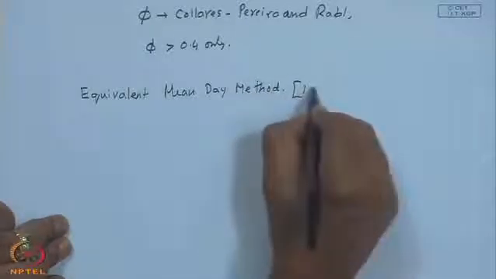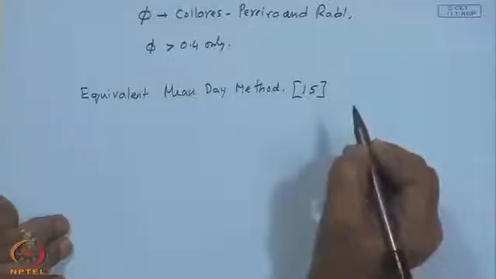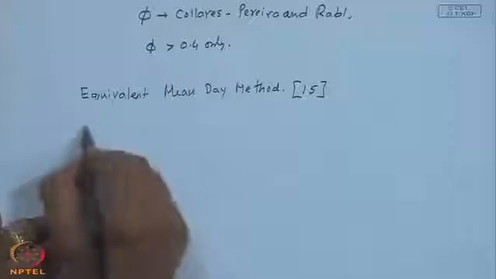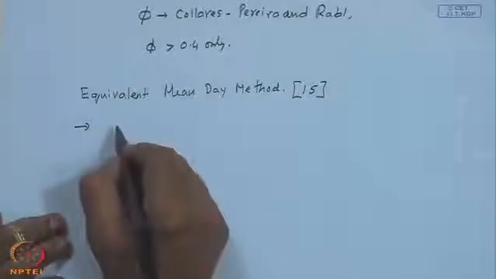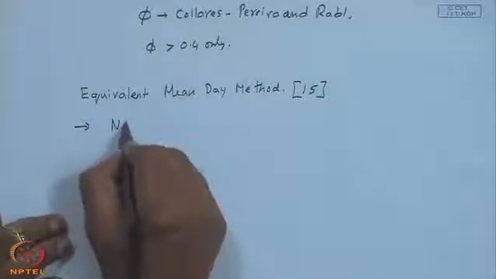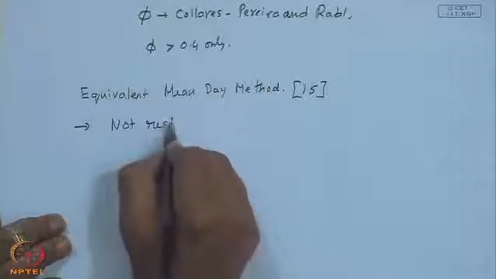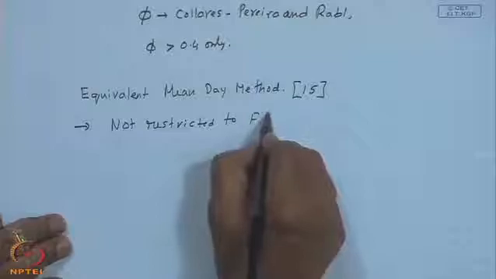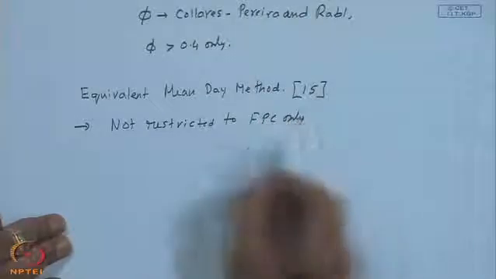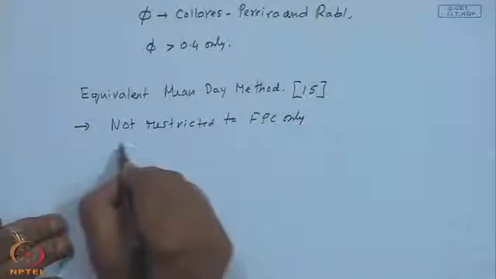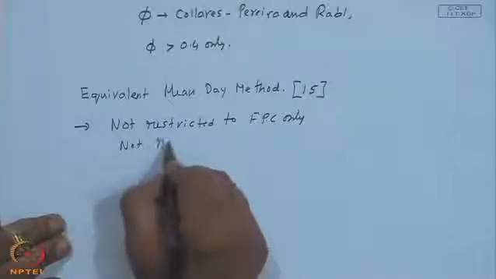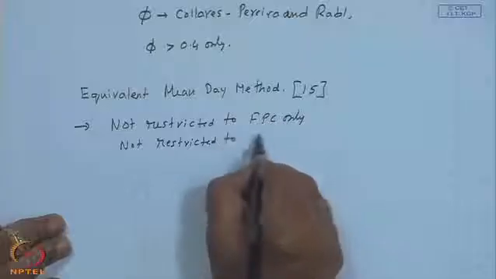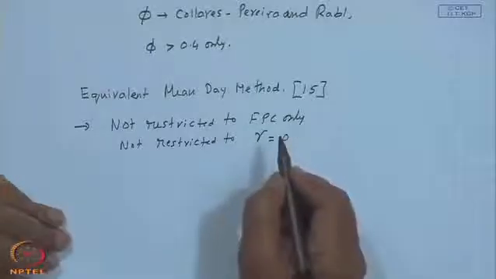This is available in a journal paper which I have given the reference, and this is the methodology. The working is also not restricted to FPC only, and not restricted to gamma equal to 0.